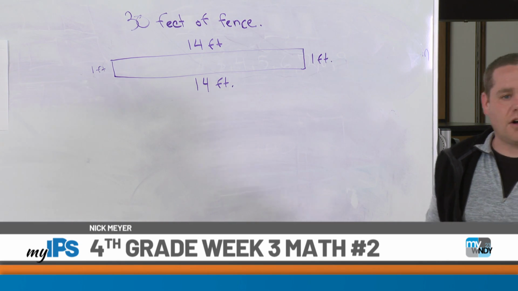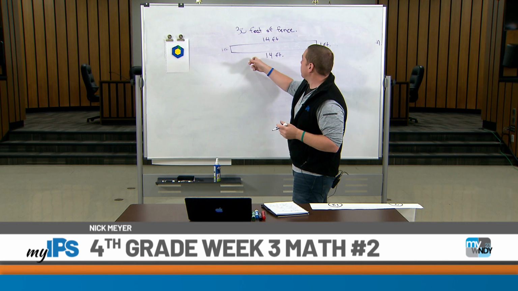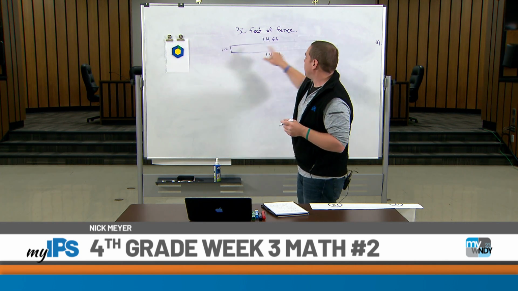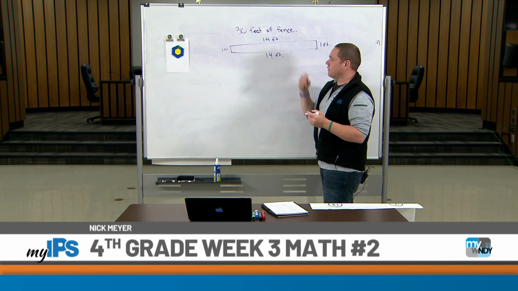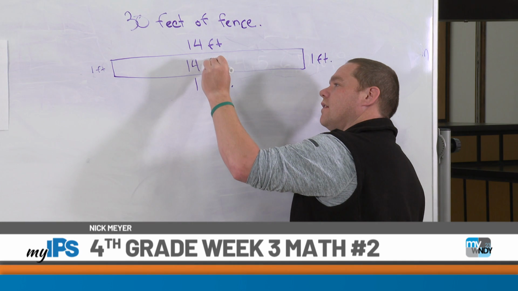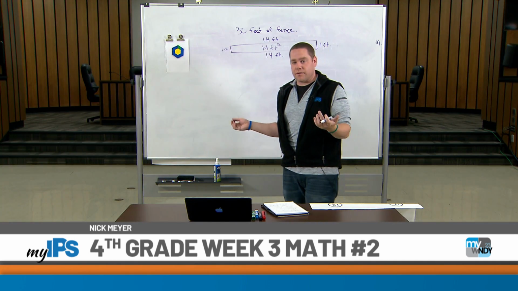So for their little dog, how much space does their dog now have to play in if they built their fence with their 30 feet of fence? There's 14, 14, 28, 29, 30. How many square feet does their dog have to play in right now? 14 times 1, 14 square feet.